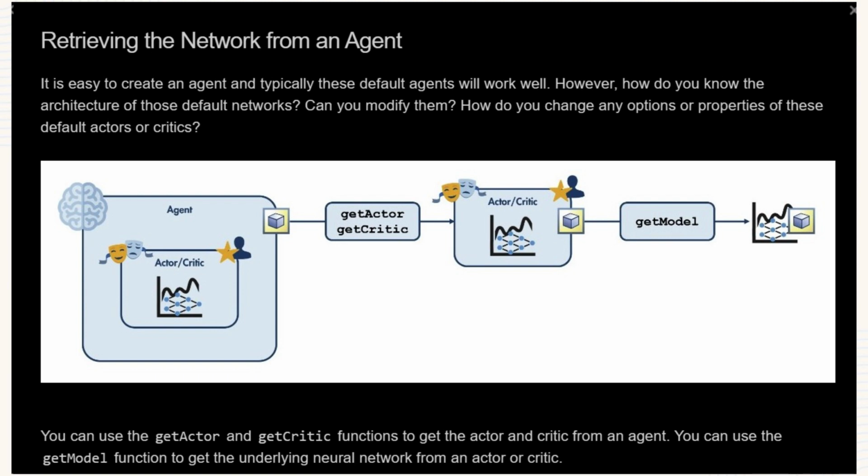You can use the getActor and getCritic functions to get the actor and the critic from an agent. You can use the getModel function to get the underlying neural network from an actor or critic.